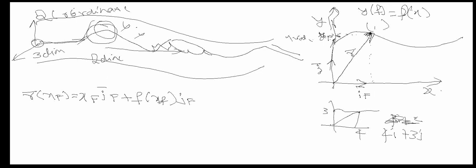The same thing is used here: xf i plus f of xf j. This holds whenever xf is between two points a and b. Any of the 2 points you can consider as a and b. In between a and b, I represent the position vector by this equation.